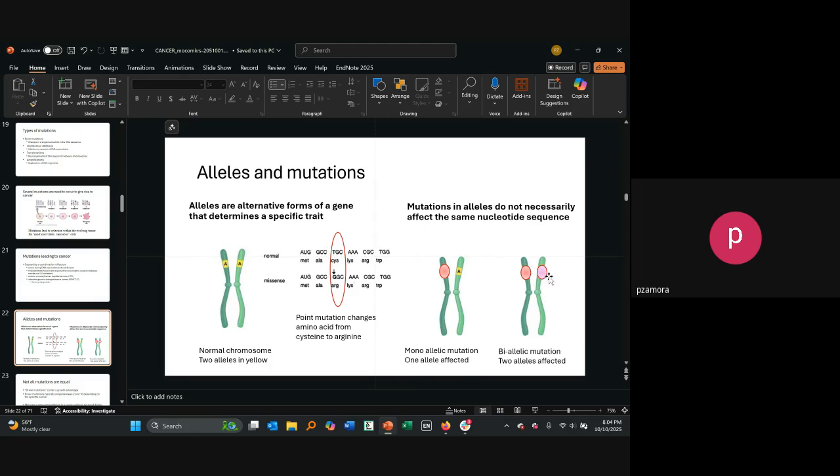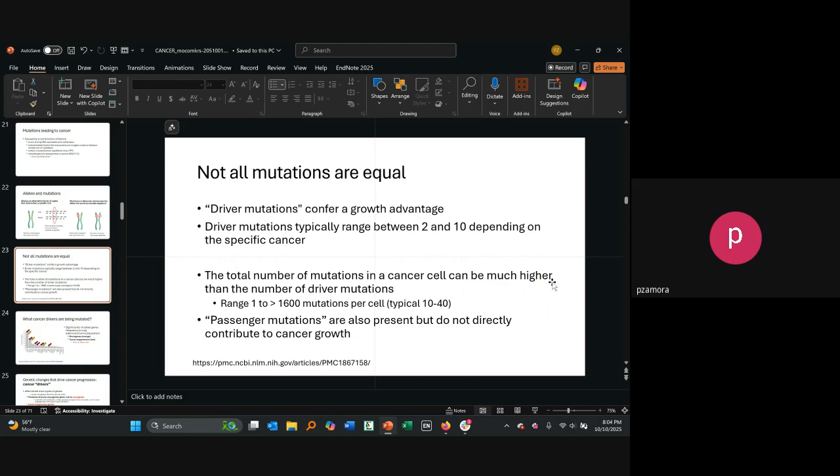They don't necessarily have to occur in exactly the same place or exactly the same way. They can still affect the same gene and have slightly different targets at the DNA level. But not all mutations are created equal.